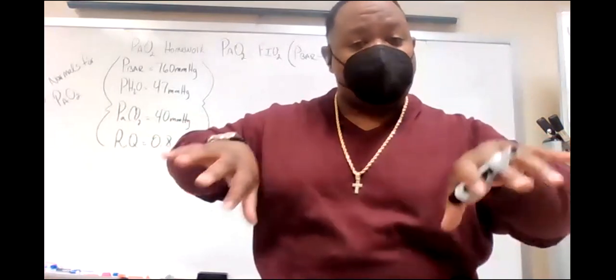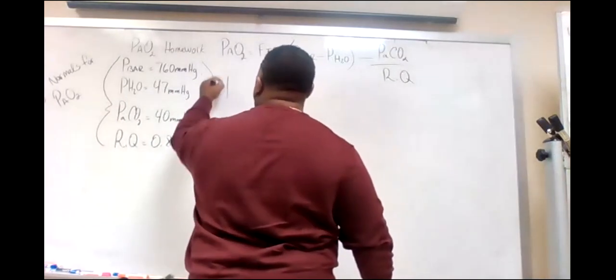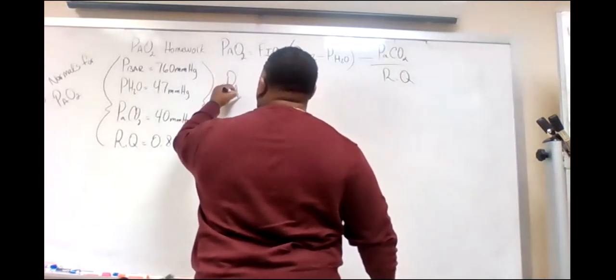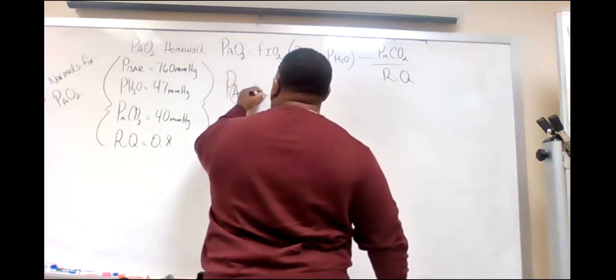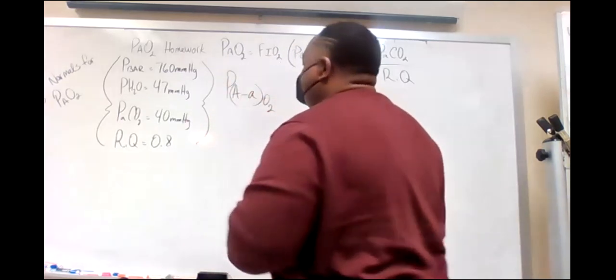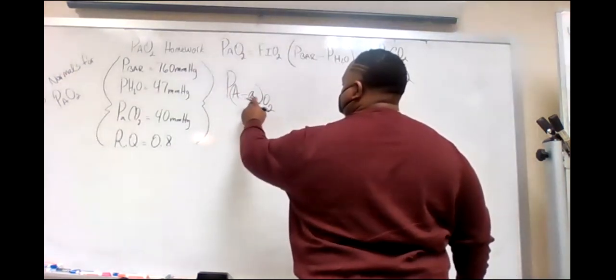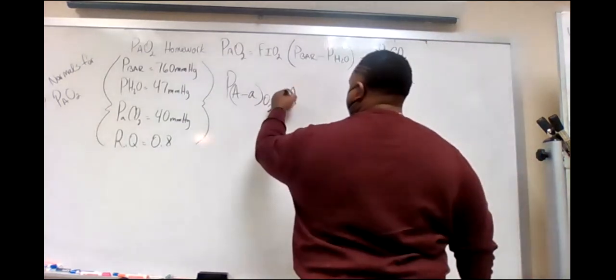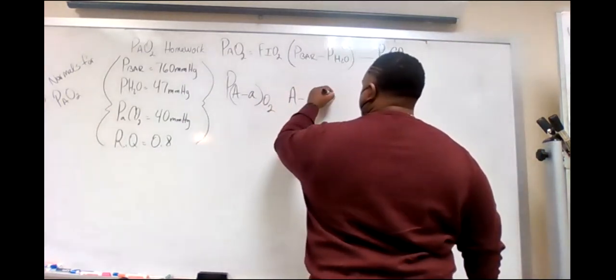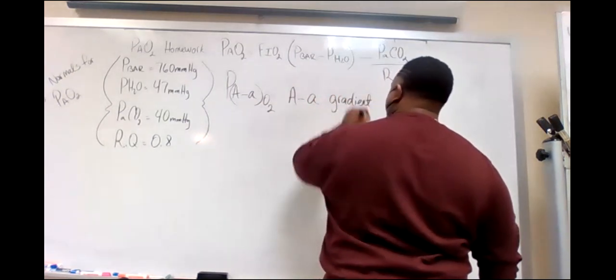That's called an Aa gradient. It's the pressure of alveolar O2 minus the pressure of arterial O2.